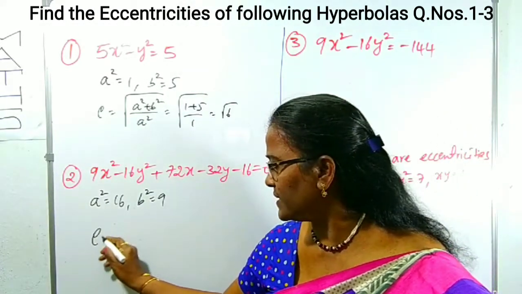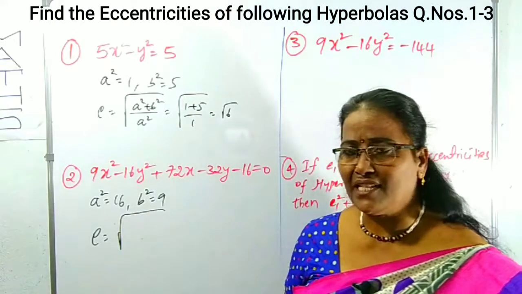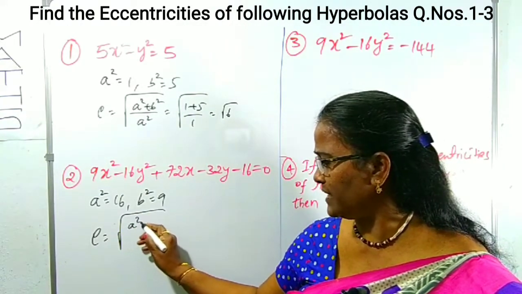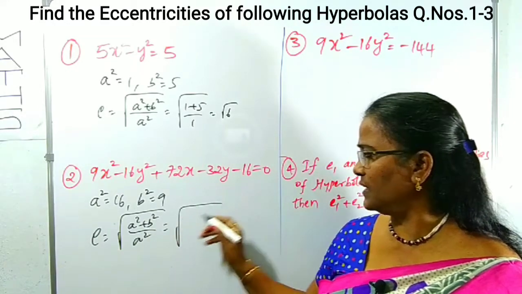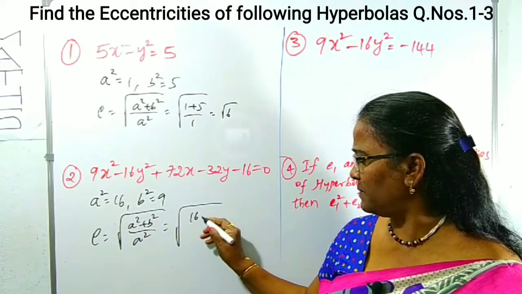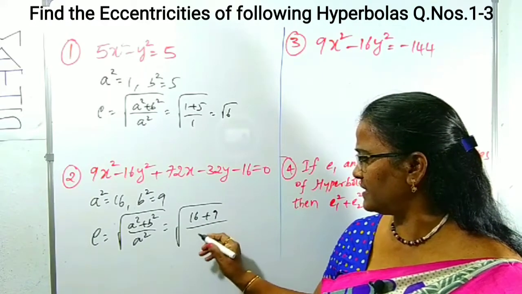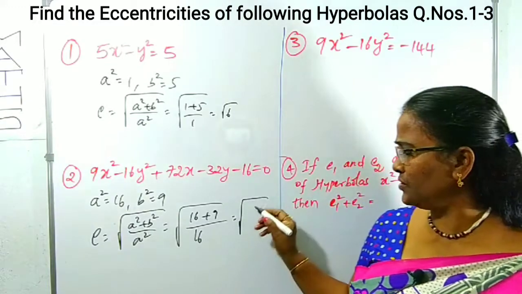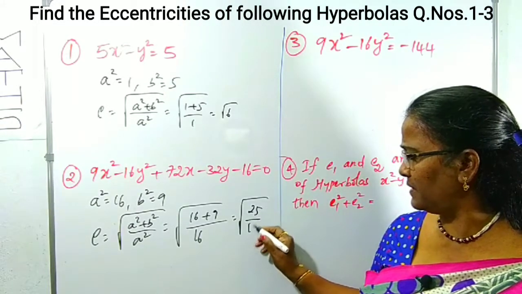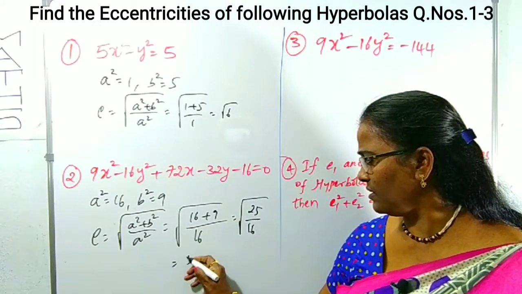In this case also, this is clearly a transverse hyperbola. With the same formula, root over a square plus b square by a square, that is root over 16 plus 9 by 16. 16 plus 9 is 25. Under root, 25 by 16 is simply 5 by 4.